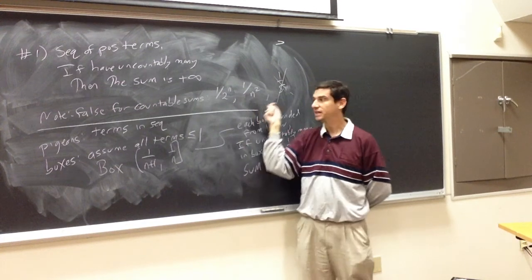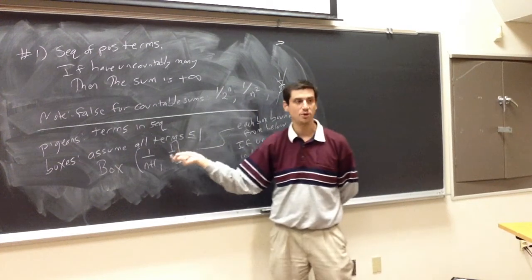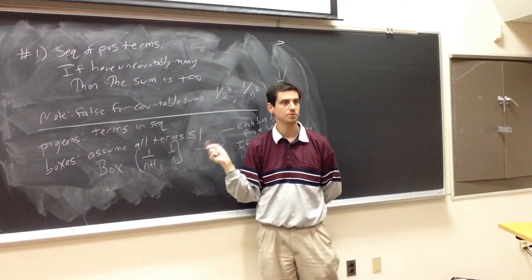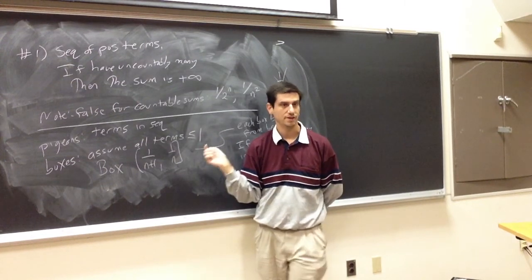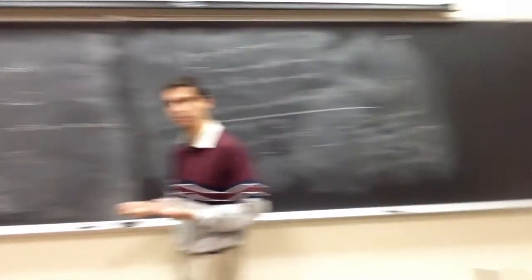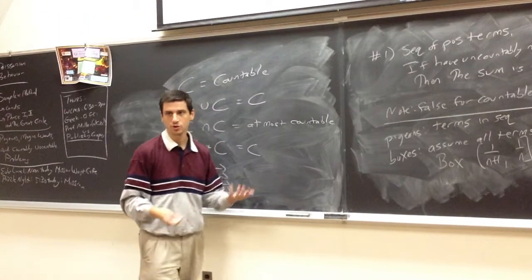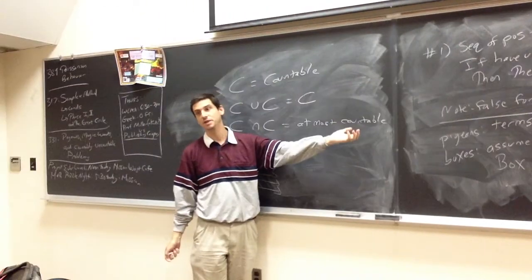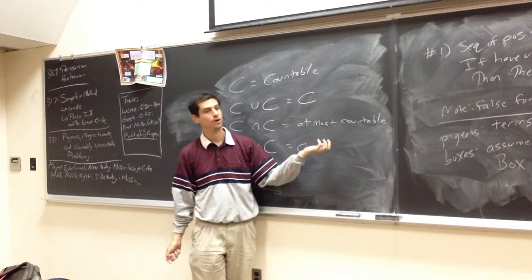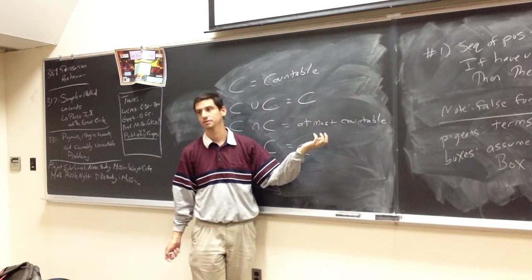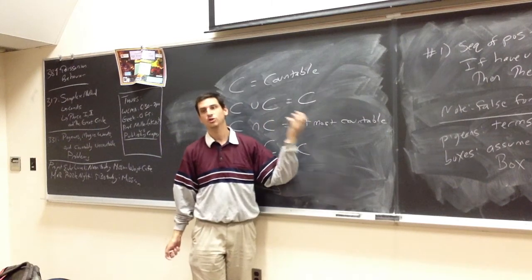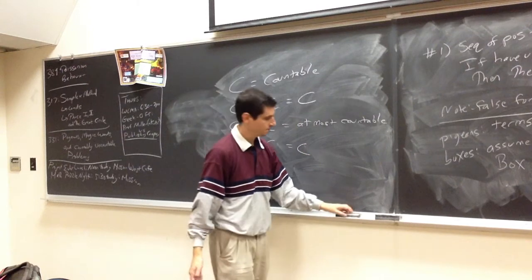But if I have uncountably many terms, then one of the boxes has to have uncountably many objects. So countably many things going into countably many boxes does not imply one box has countably many things, but uncountably many things going into countably many boxes does.